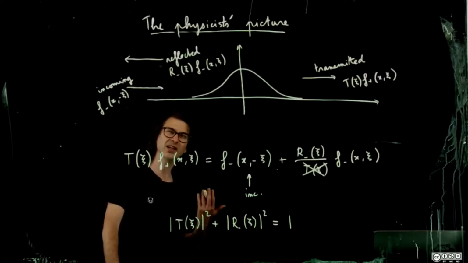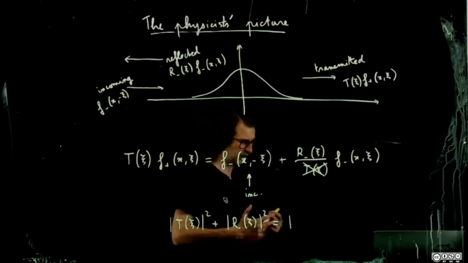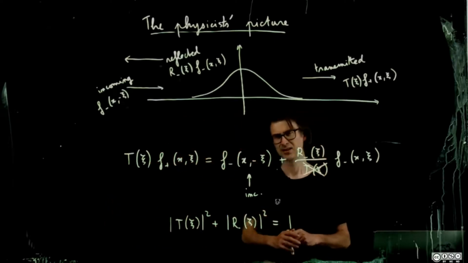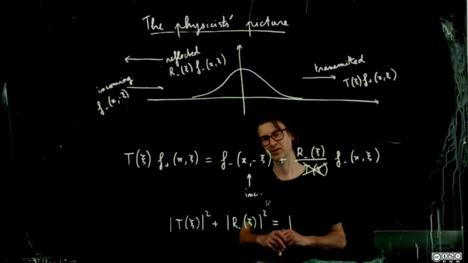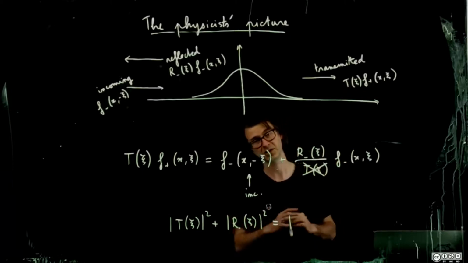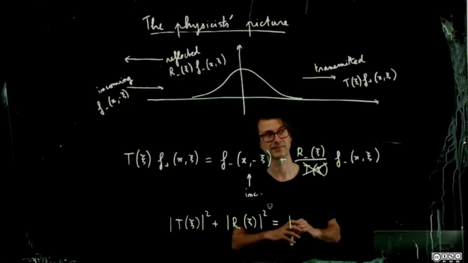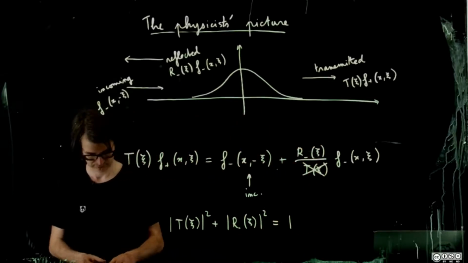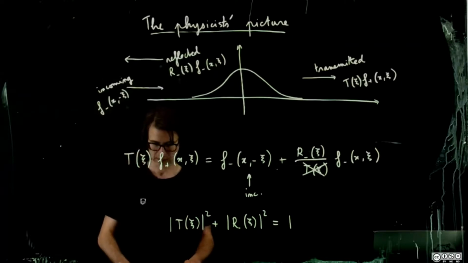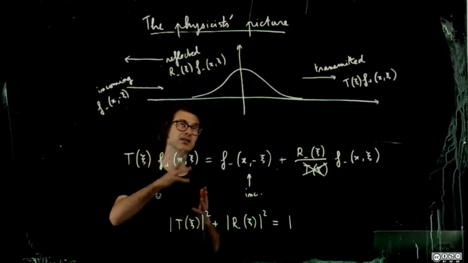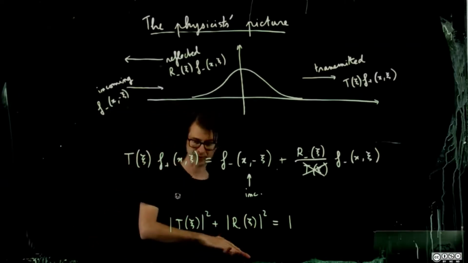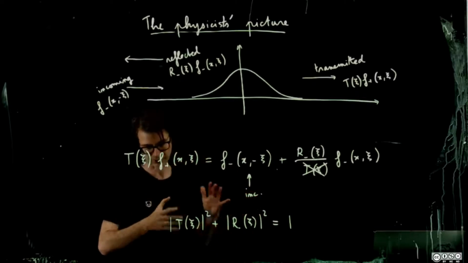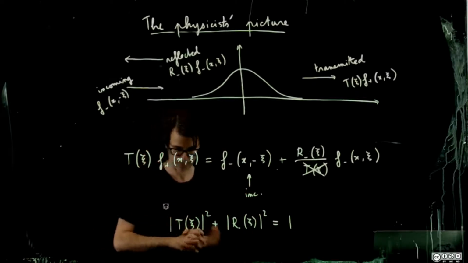So I think it's nice to have this, but I have no clue how to make it rigorous or how to think of it rigorously. If you guys have a suggestion, I'd be happy. Okay, so in any case, that's, I think, a nice way of thinking of these reflection and transmission coefficients.